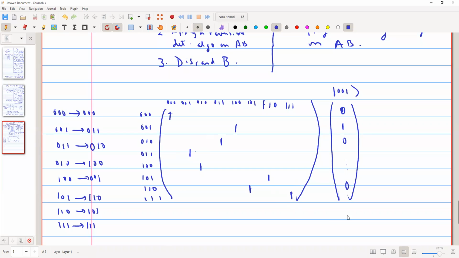So such matrices are called permutation matrices. Permutations, once I denote them as matrices, become linear transformations. And the property of permutation matrices is that they have exactly a single 1 in every row and every column.